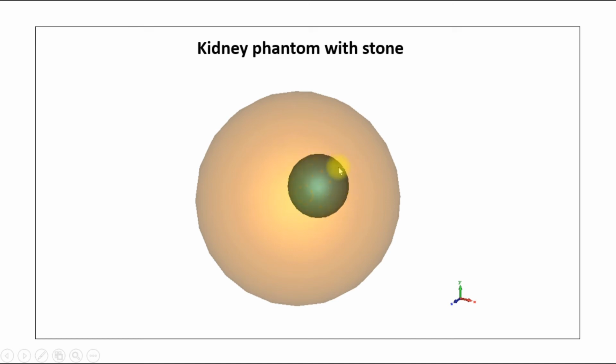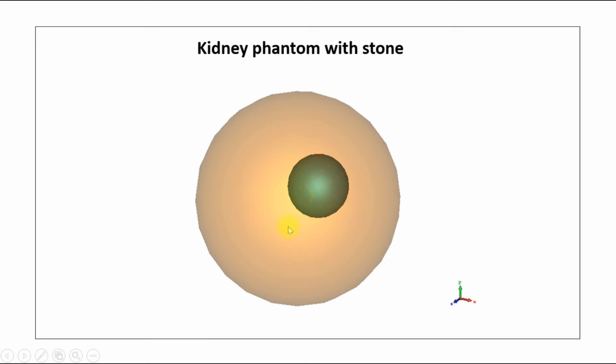I have taken the stone as a crystal, glass-like material, because a stone is formed by depositing calcium-type minerals in the kidney. So I have considered it as a glass-kind of material having the same property. And the outer circle I just consider as the kidney.